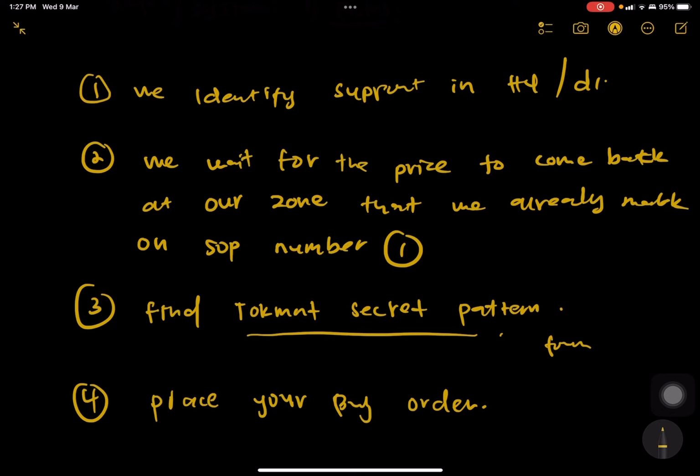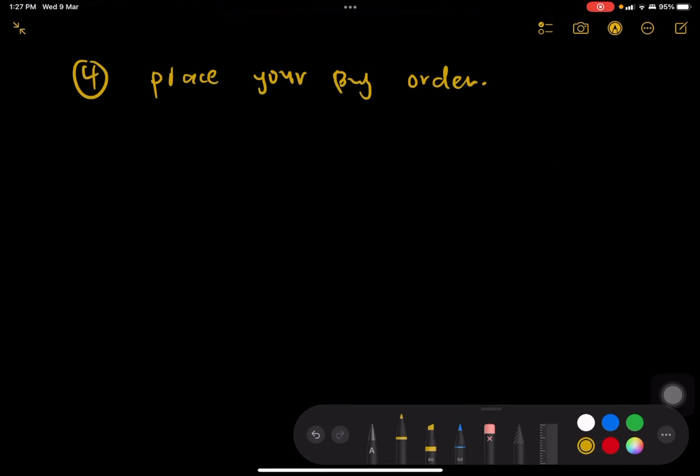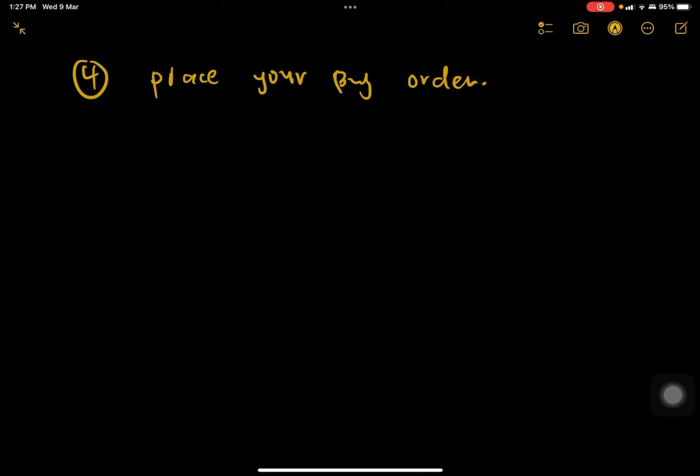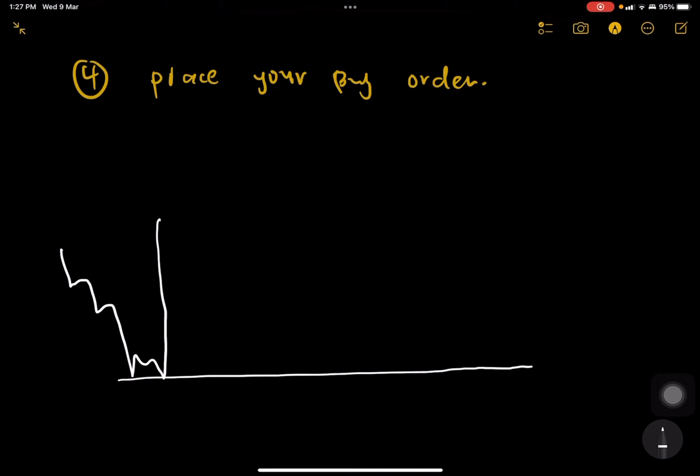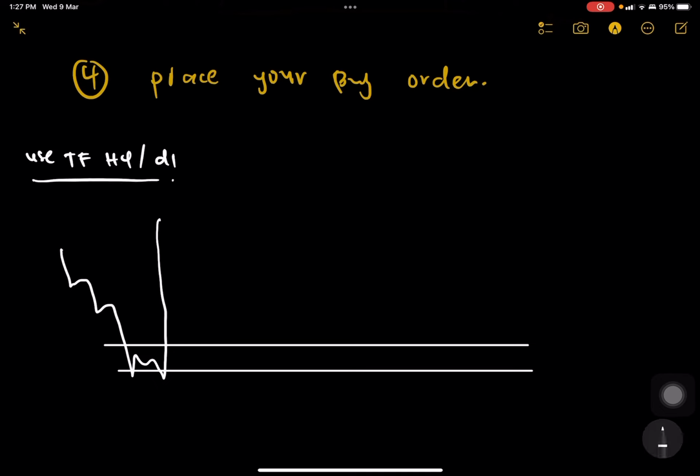Okay, what is the TOKMAT secret pattern? I need everyone to listen carefully and focus. Let's say SOP number 1 is to identify the supports, and let's say you find a support here in H4. You mark the supports. To mark support and resistance, you must use H4 or D1.